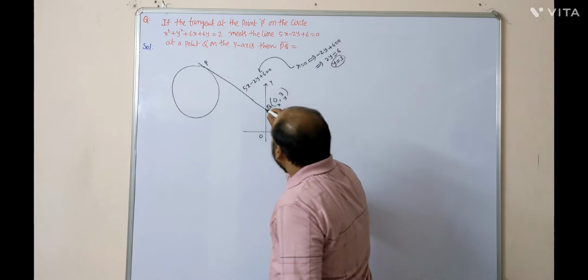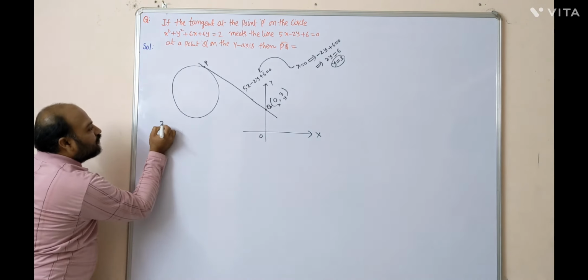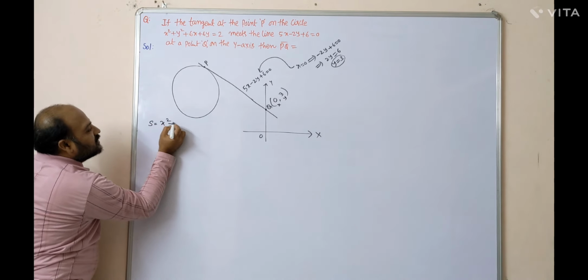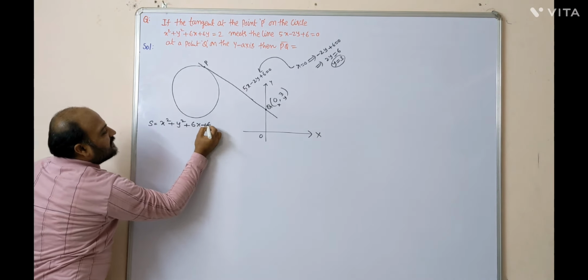For this circle, S is equal to x square plus y square plus 6x plus 6y minus 2. I did not write the options here, students. For this circle, from this point to this point is called the length of tangent.